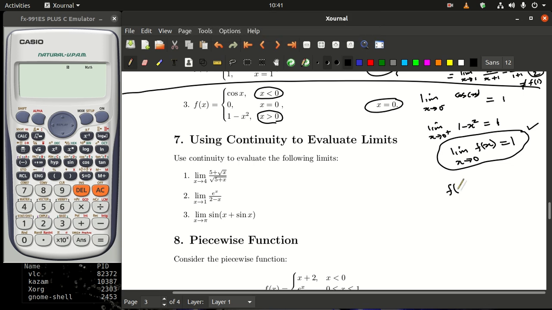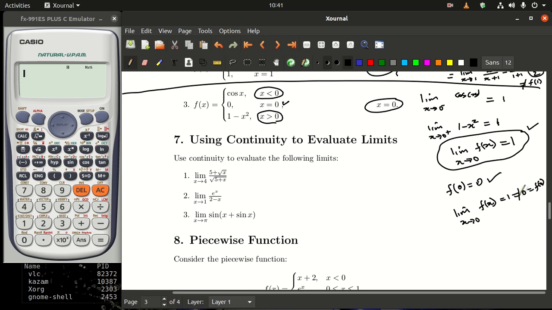F of 0, so when x is equal to 0, this function is defined. So x is equal to 0 is this, so the output is 0. The function is defined, so it is satisfied. But the issue now is that the limit as x approaches 0 of f of x is equal to 1, which is not equal to 0, which is equal to f of 0.